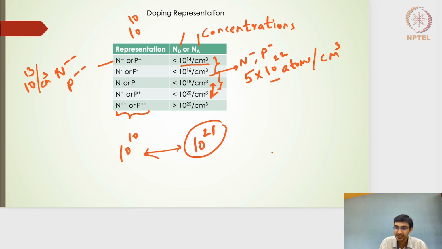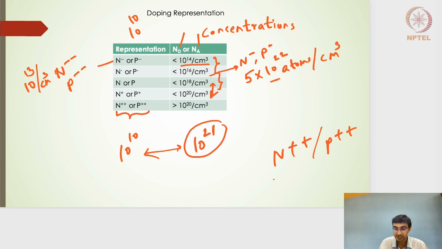So whenever we see an N plus plus or a P plus plus in VLSI design or in the CMOS structure, what we should recognize is that the concentration is very, very high, about 10 raised to 20 per centimeter cube.